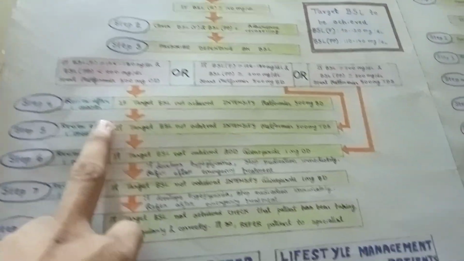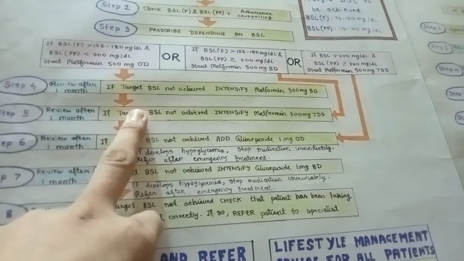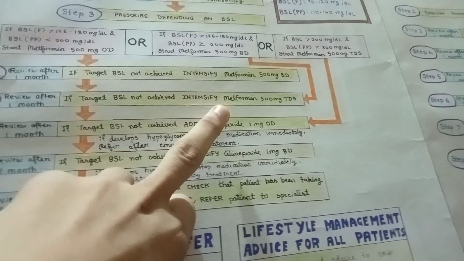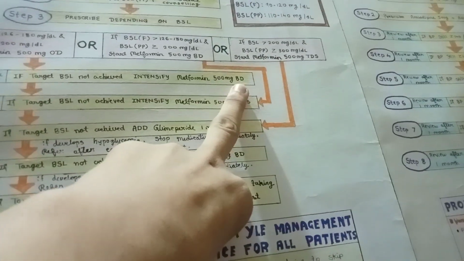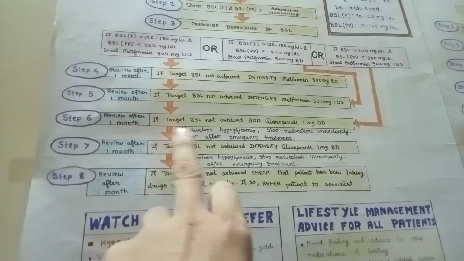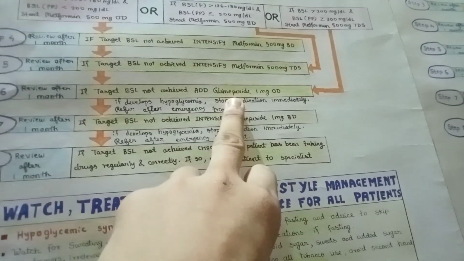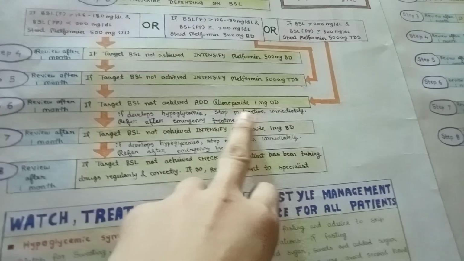Then step 4 is after review after 1 month, if the blood sugar level is not achieved, then metformin same dose twice a day. If not, step 5 is thrice a day. If not, after 1 month review, add glimepiride 1 mg OD, meaning once a day.